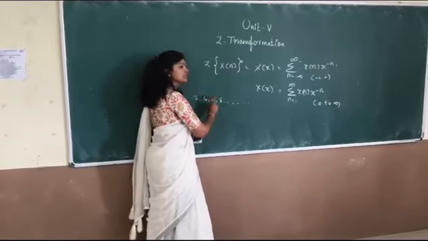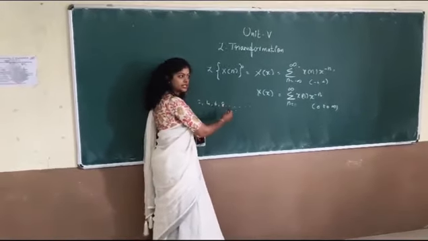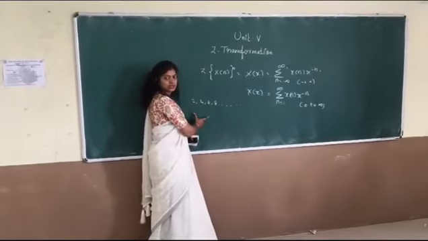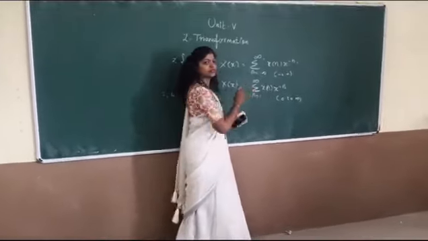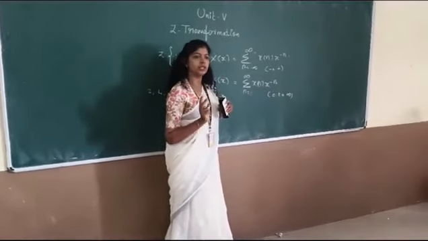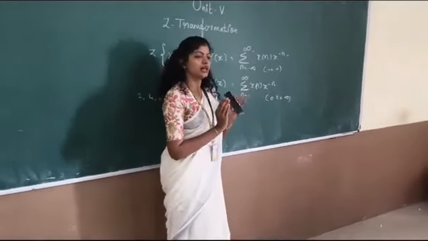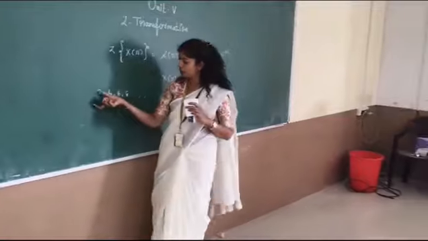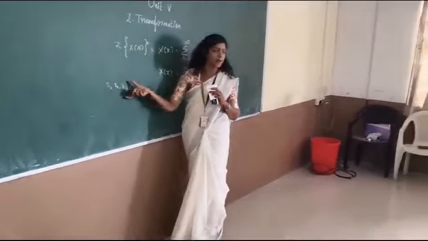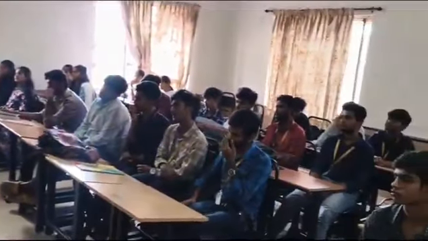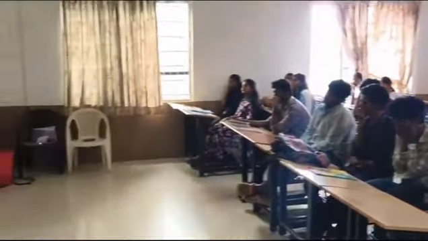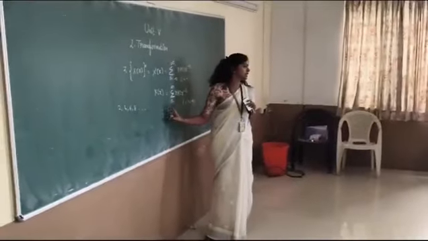So numbers following a certain condition or pattern form a sequence. The collection of a sequence is nothing but a series. We are going to deal with sequences and series in Z transformations.